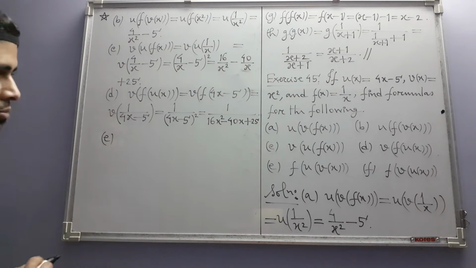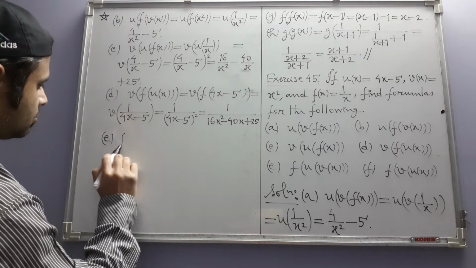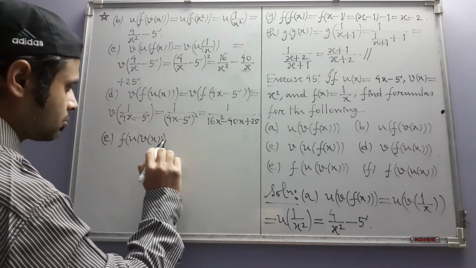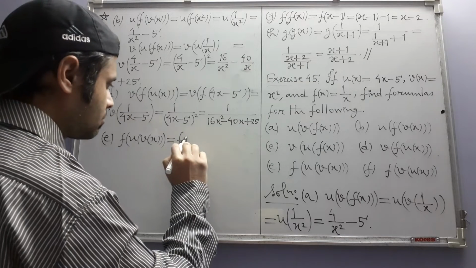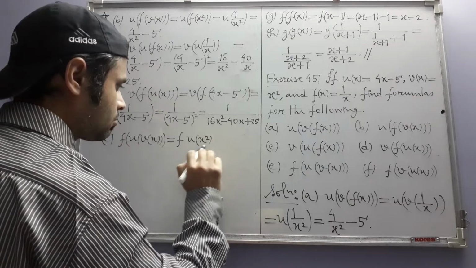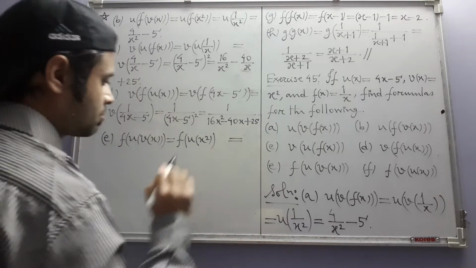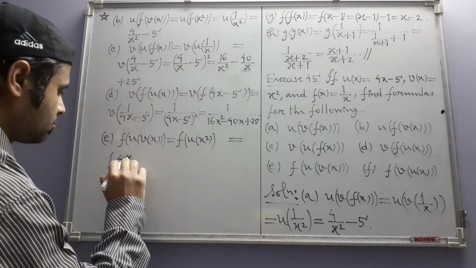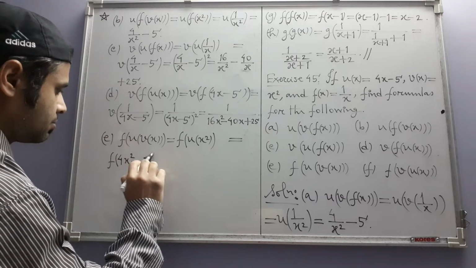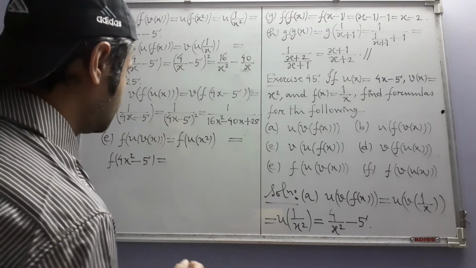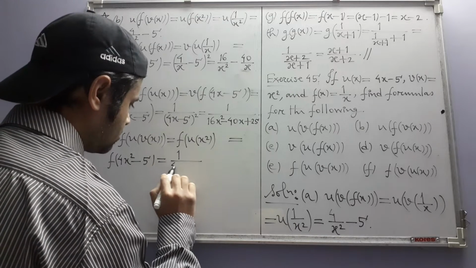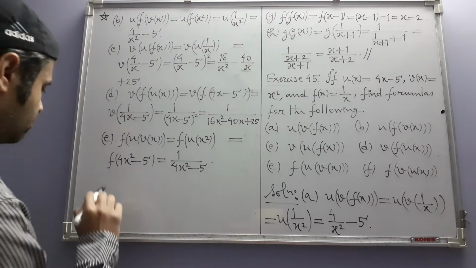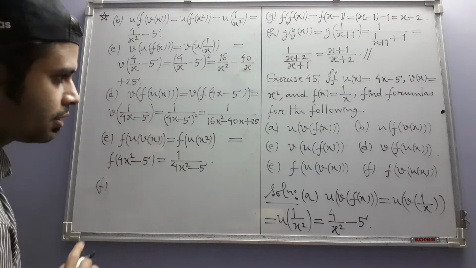E, f u v. 4x square minus 5, and f of that means its reciprocal. And finally f v u.